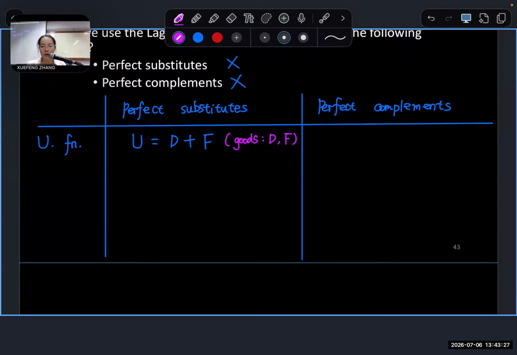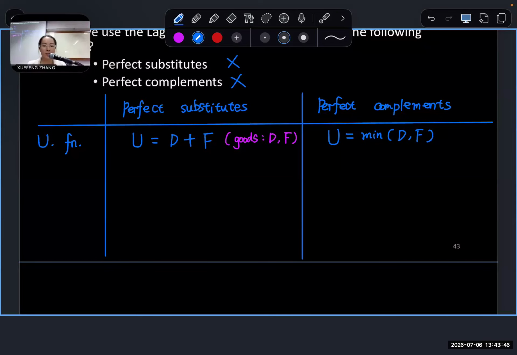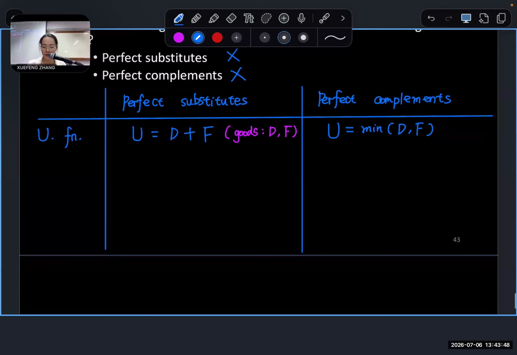But for perfect complements, the utility function is a minimum function. Because it's a complement, you must consume it together. So we just find the minimum of D and F. And what is the shape of the indifference curve?